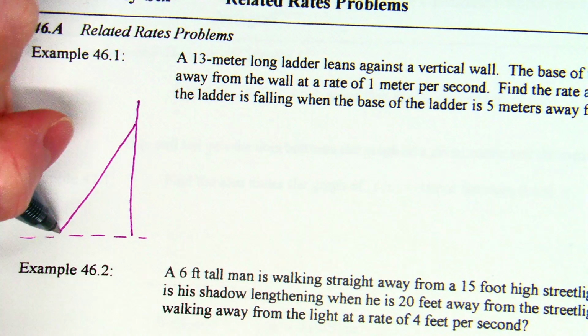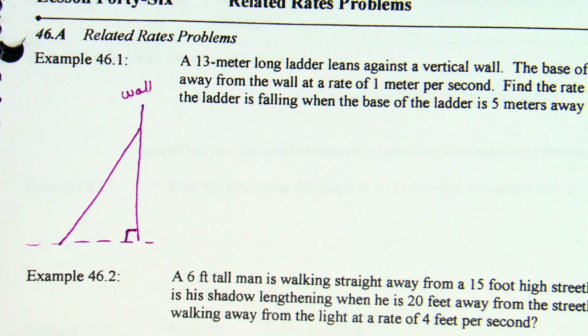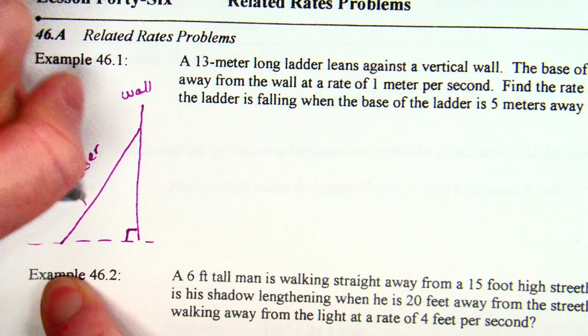Not sure that's the best drawing, but you see my vertical wall, yes? You can just draw a flat-out right triangle if you want. Obviously, a wall makes a right angle with the ground, and then this slant is my ladder, and my ladder is 13 meters long, yes?